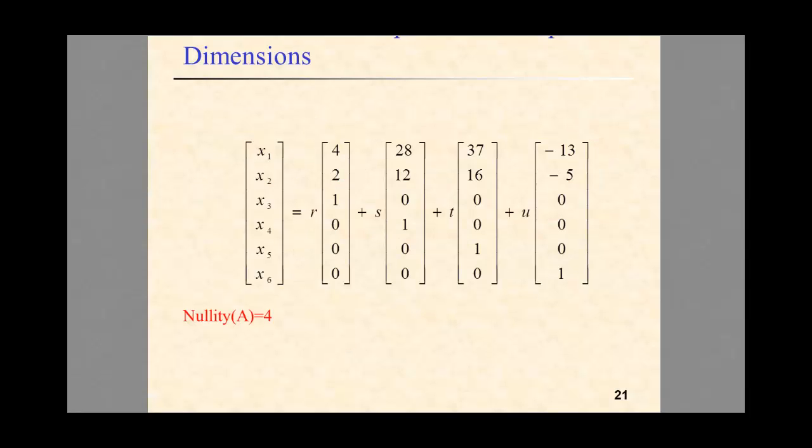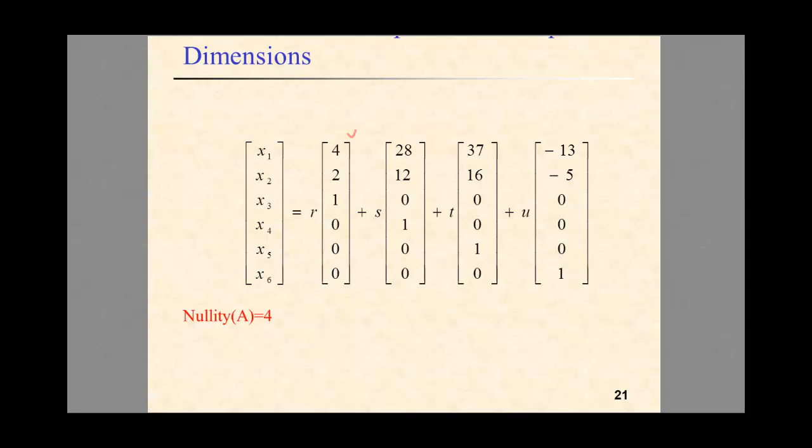So now we will try to solve, because there are so many solutions. Let's take a common from each of them, so we can write r plus s plus t plus u. So the nullity of A will be equal to 4, because there are 4 unknowns.